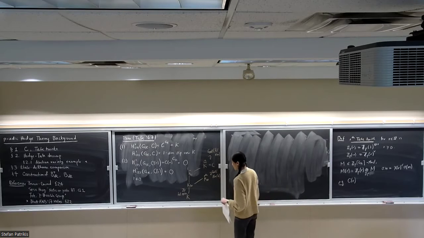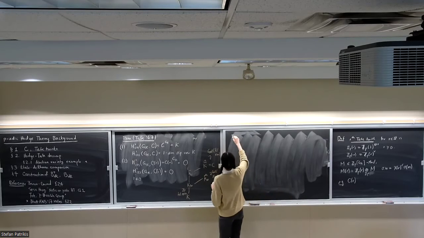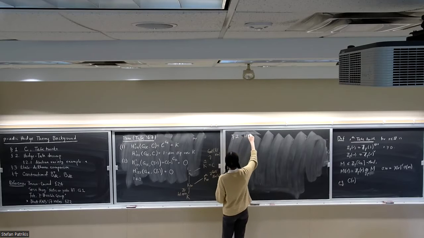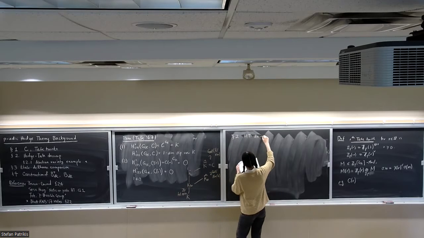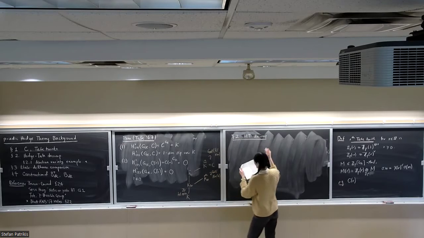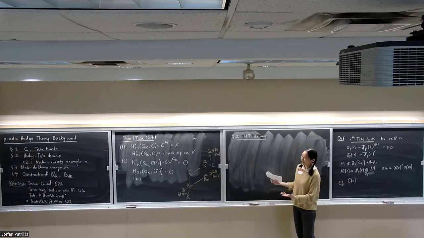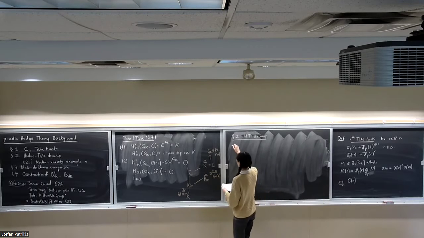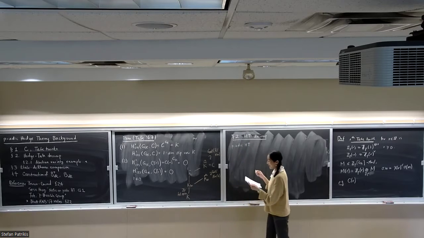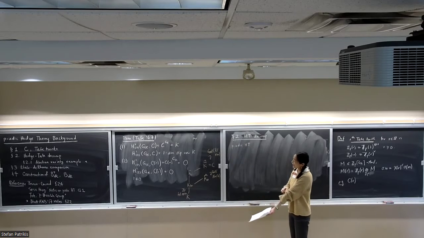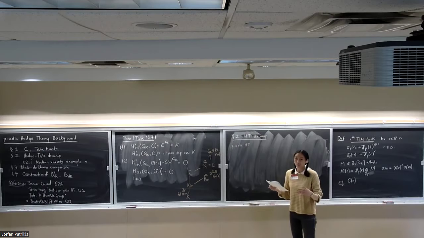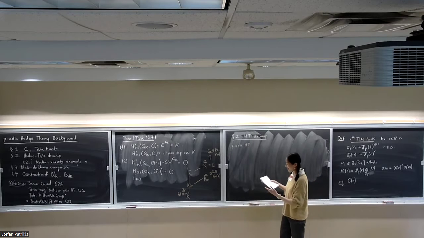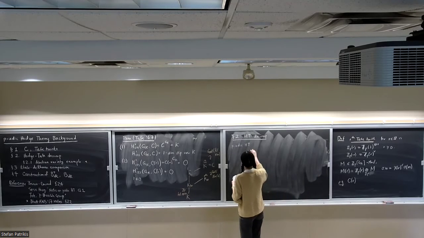So now we'll move on to section 2, which is the Hodge-Tate decomposition. And first, I want to say something about what p-adic Hodge theory is really about. So p-adic Hodge theory is motivated by studying the Galois representations that show up in the étale cohomology of smooth proper varieties.